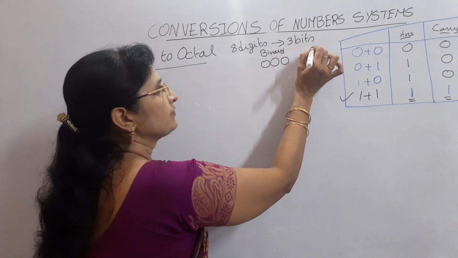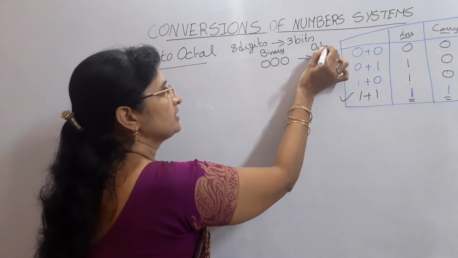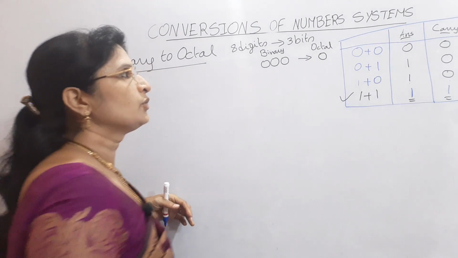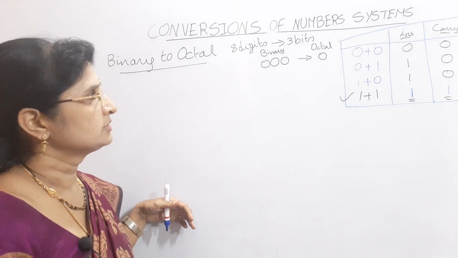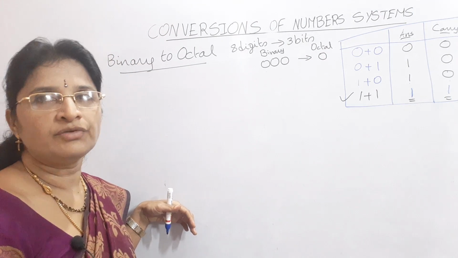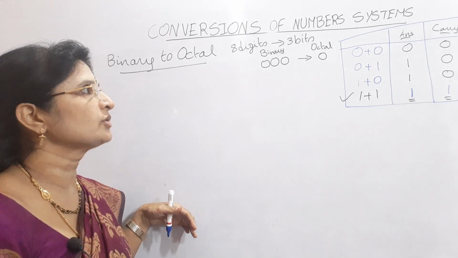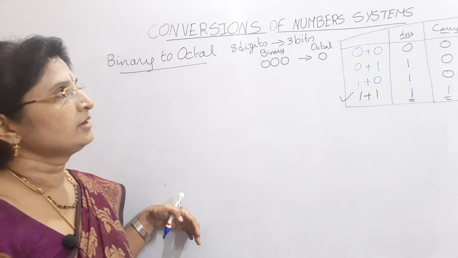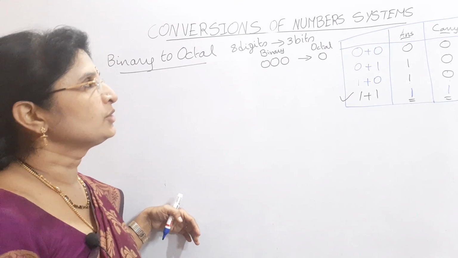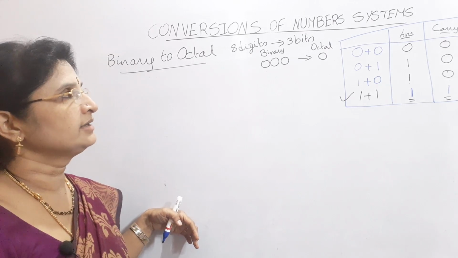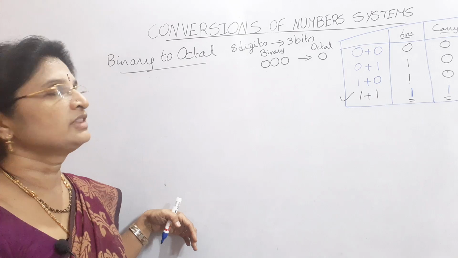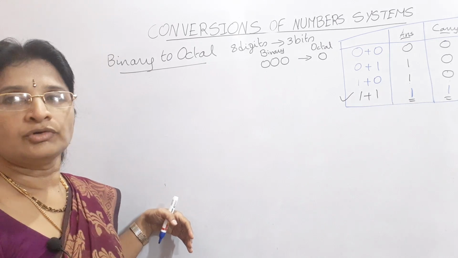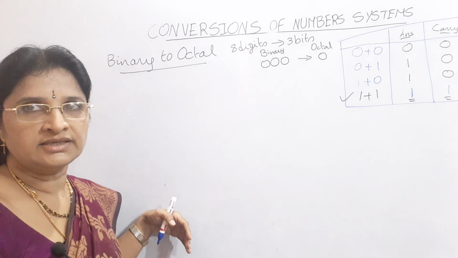This is the binary number and this is the octal digit. Even if it is a single 0 or 3 zeros, the value is 0 only. So for the octal digit 0, the binary equivalent with 3 bits is 0, 0, 0. Now you have to find it for the digit 1.